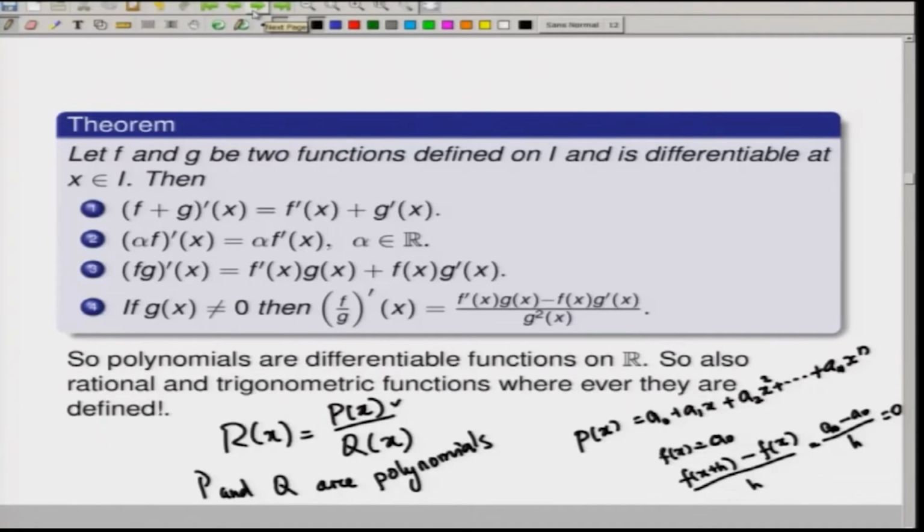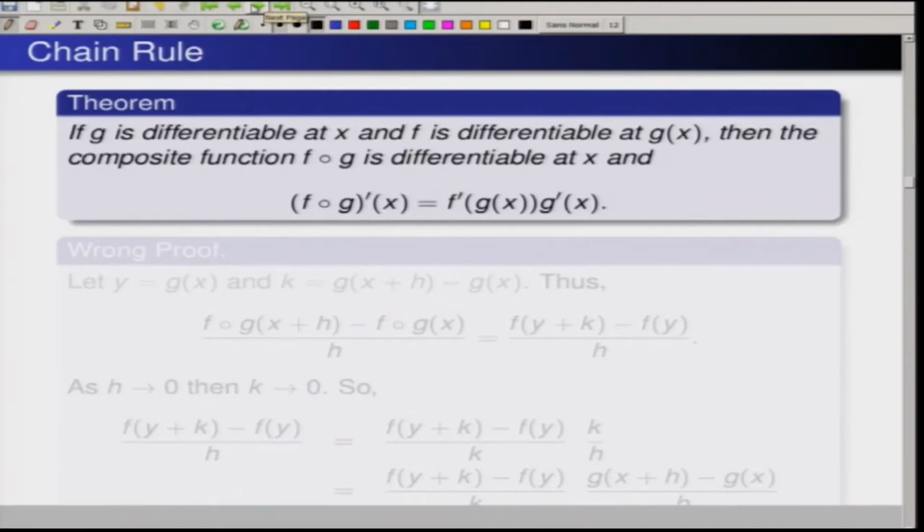So, now we have a pretty rich class of examples of differentiable functions.